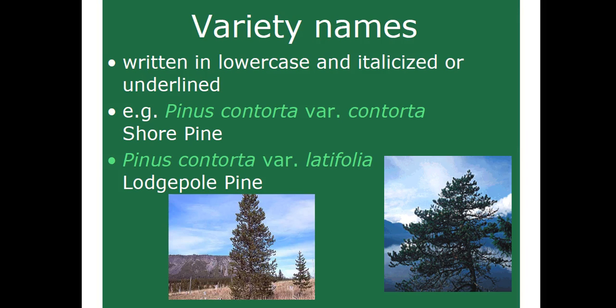The lodgepole pine, Pinus contorta variety latifolia, is the typical range of the plant and has a different type of foliage. Again, variety names are usually found in particular geographic areas and only in nature.